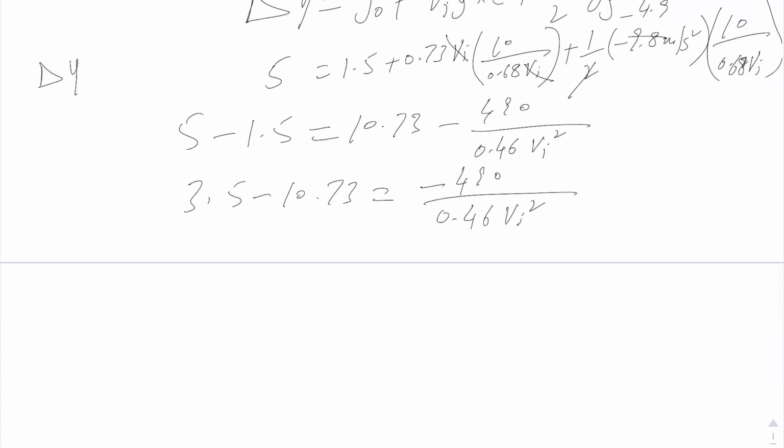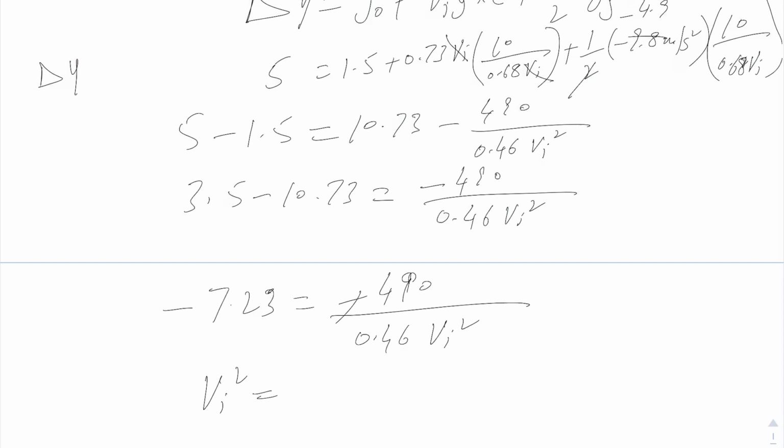So this equation will be reduced into negative 7.23 equals to negative 490 divided by 0.46. So we'll isolate Vi square. The negative will be cancelled with the negative.